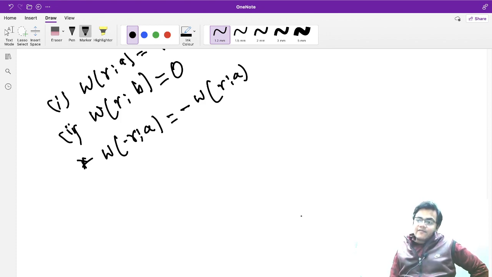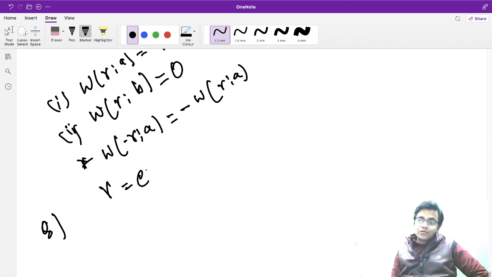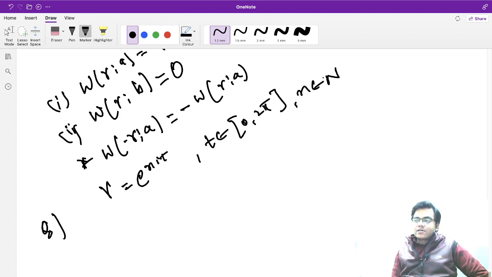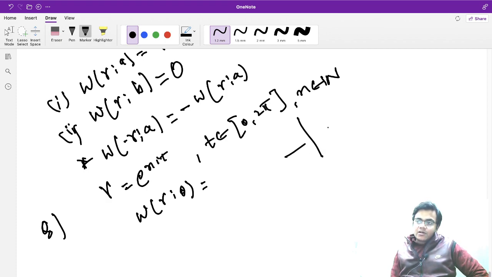For example, if gamma equals e to the power int, where t belongs to 0 to 2 pi and n belongs to the naturals, and somebody asks you the winding number of gamma with respect to 0, what will be your answer? You can visualize the picture.